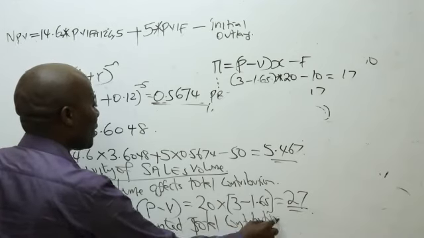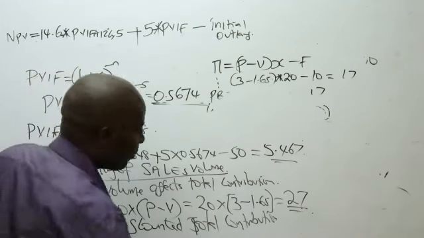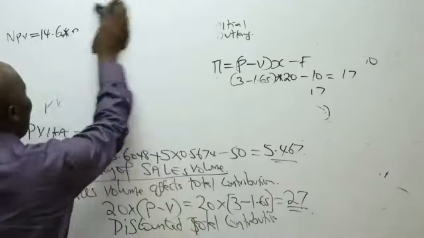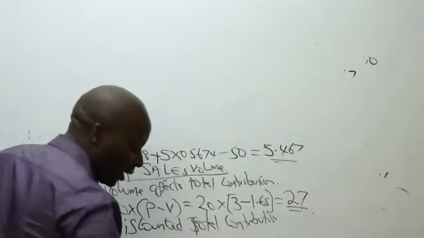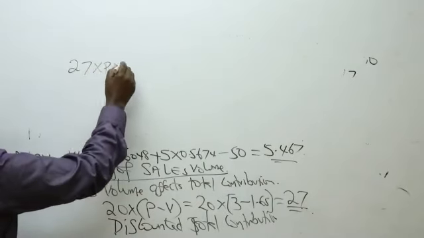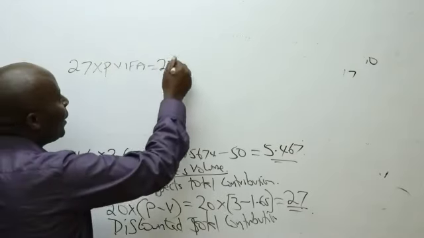Given that this is an annual figure, I only need to take that 27 and multiply it with the PV. So 27 multiplied by PV.